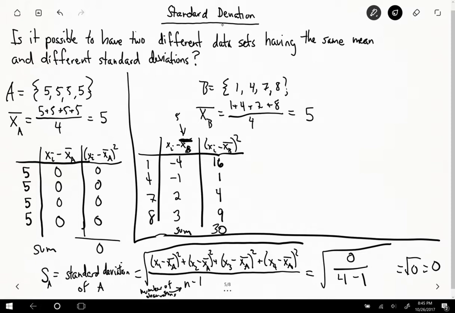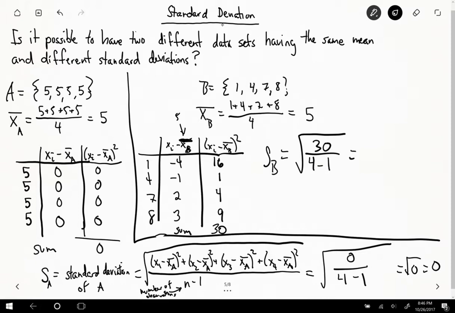So with that in mind, okay, we're ready for our standard deviation of b. So I'll write S sub B. Remember, that's the standard deviation of the set b. What do we get? Well, we get the square root of, in this case, we have 30 up top, and then we only have 4 observations once again, so that's 4 minus 1.